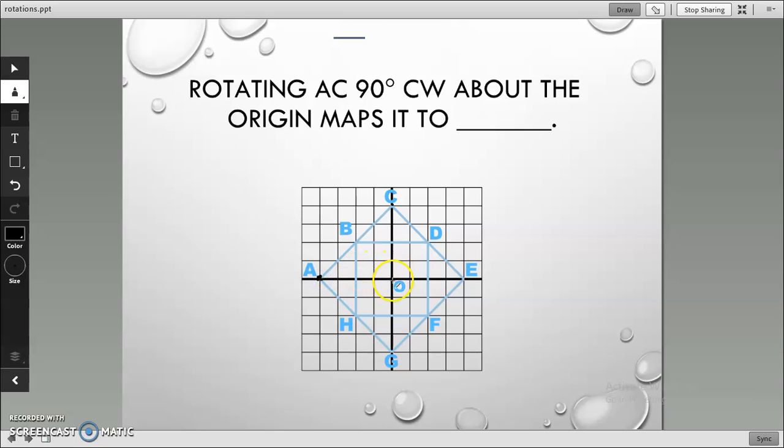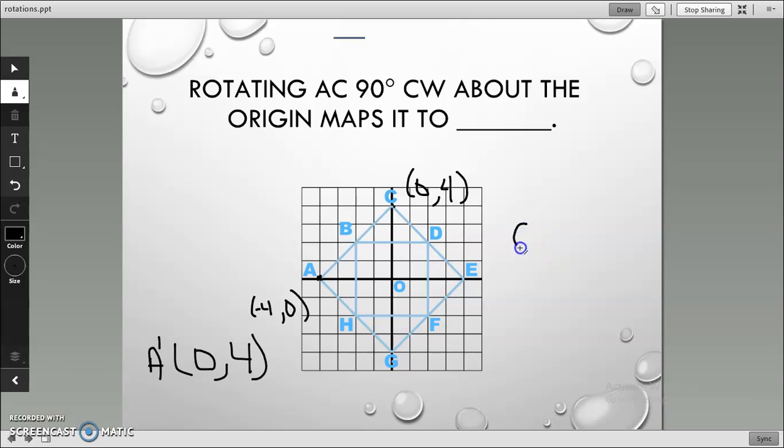A is at 1, 2, 3, 4, so this is (-4, 0). And C is at 1, 2, 3, 4, so this is at (0, 4). Well, we know when we map 90 degrees, it's going to be (y, -x). So A will become, I'll write it over here, (0, 4), which is at C, right? So (0, 4).